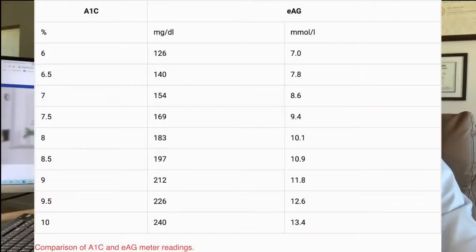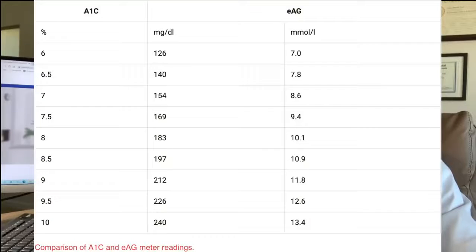But the bottom line, if nothing else from this video, is that every percentage in A1C corresponds to an average blood sugar. So 6% is on average 120, and 7% is 150. Every 1% increase or decrease corresponds to a 30 milligram per deciliter change in your overall blood sugars. If you're going from 6% to 7%, your average blood sugars are rising by 30 milligrams per deciliter on average.